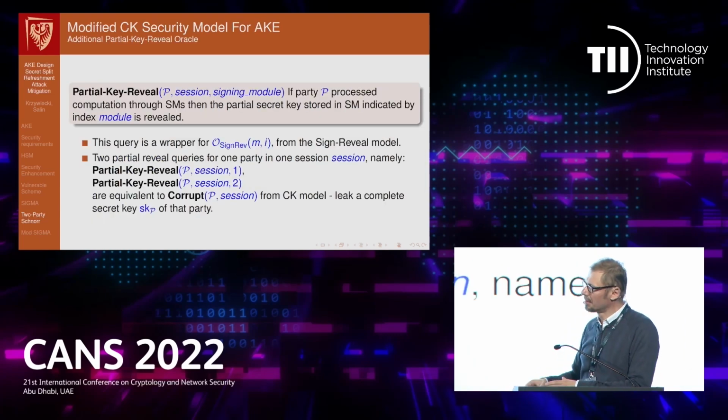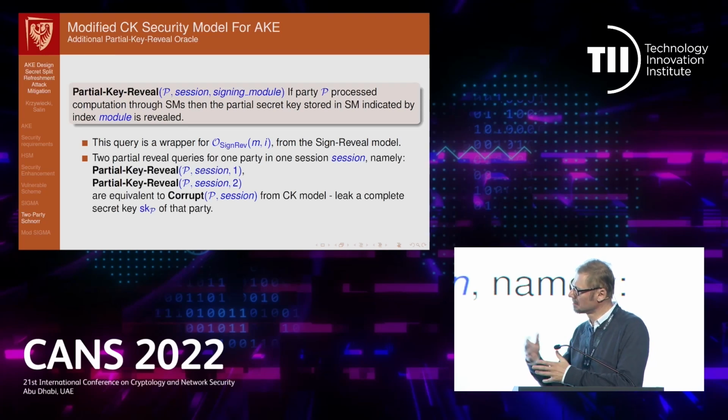So having the modification for the signature component in our sigma-like construction, we then need to apply the proof for the whole construction. So for the regular sigma, we have the Canetti-Krawczyk model. In that model, different kinds of oracles are available to the attacker.